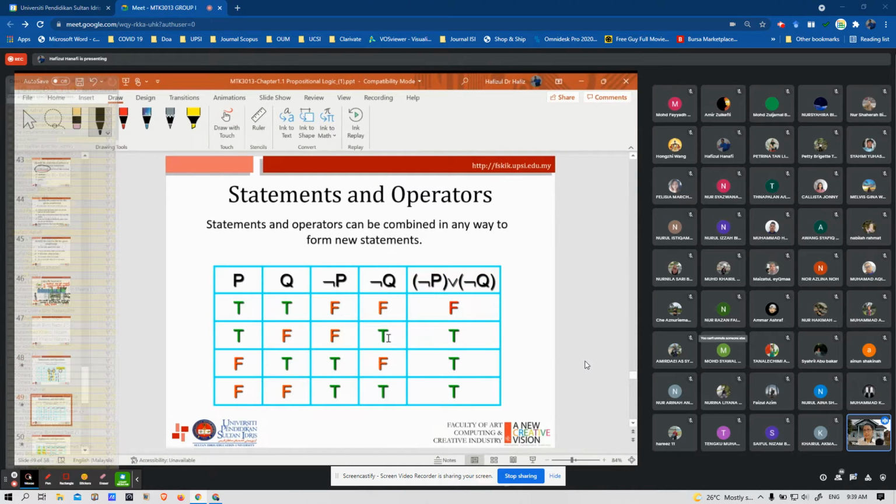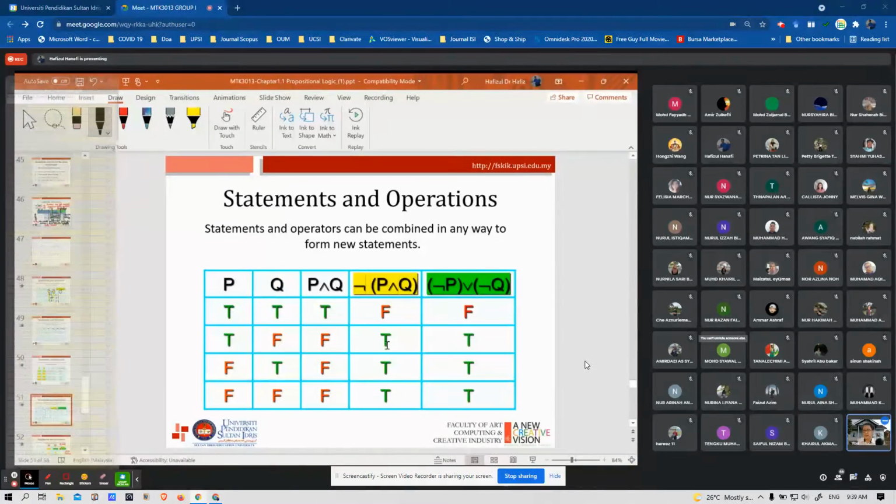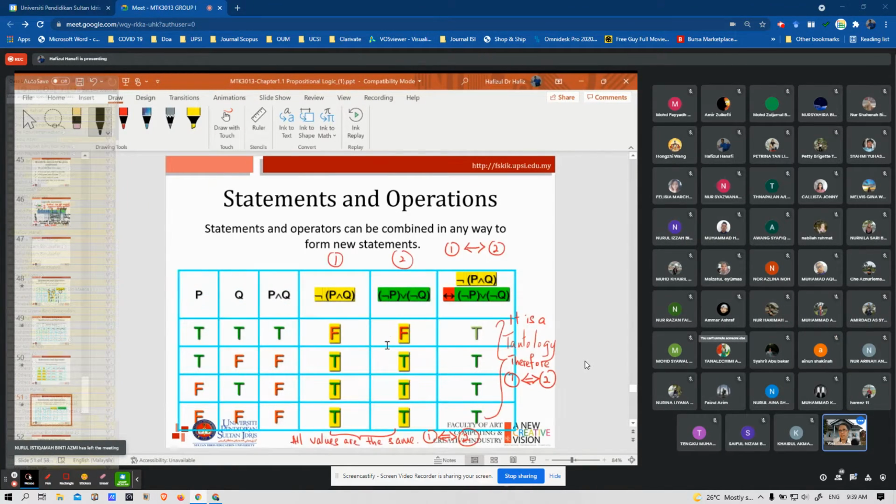Same goes here. You need to flip through for this one. We have combined in any way to form a new statement. Here is also the same. We have the tautology. Before that, you need to see that all the values are the same for one and two.